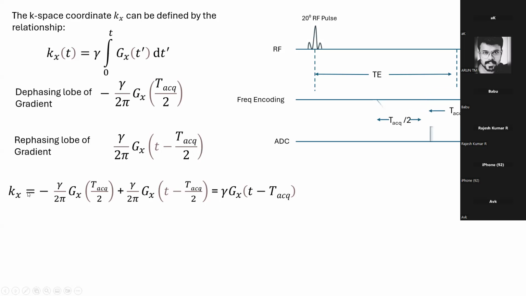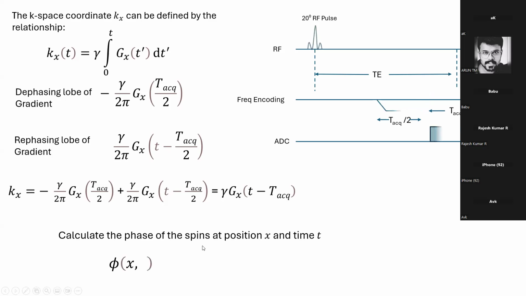Now let's do the integration. Basically, integration means adding up all these values. If we add all these things, we can find the value of kx. Once we get the kx, we can calculate the phase over position x over time.